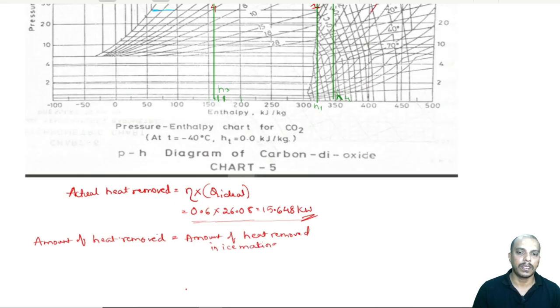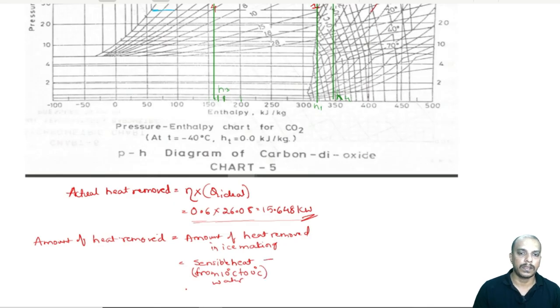So in ice making we have a mass of water or liquid, correct? First we are bringing it from sensible heat, that is from 10 degrees Celsius to 0 degree Celsius water.